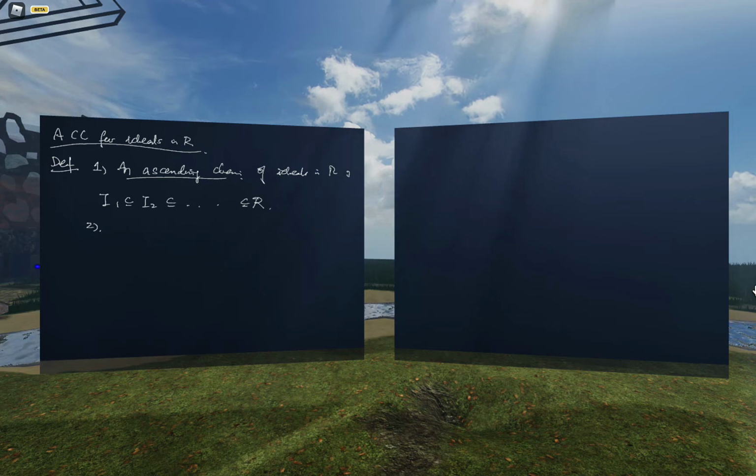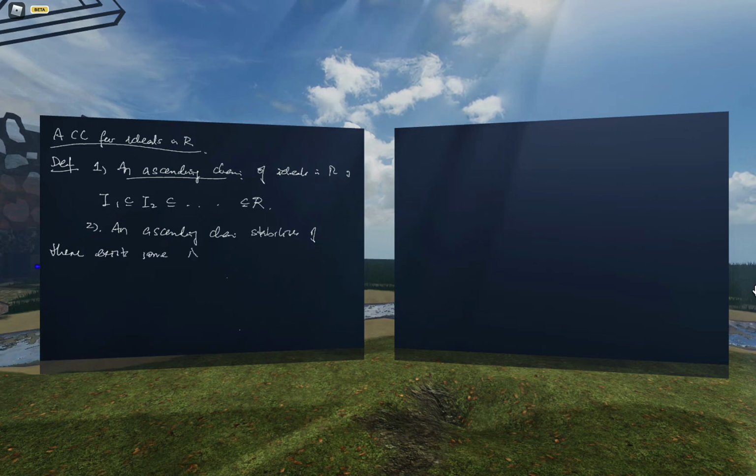An ascending chain stabilizes if there exists some integer N such that I_N equals I_(N+1) equals I_(N+2), and so on. So the chain is the same after a finite number of steps, then everything's the same. And if this happens, we say that the ascending chain stabilizes.